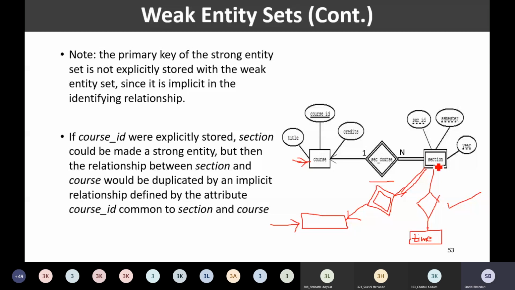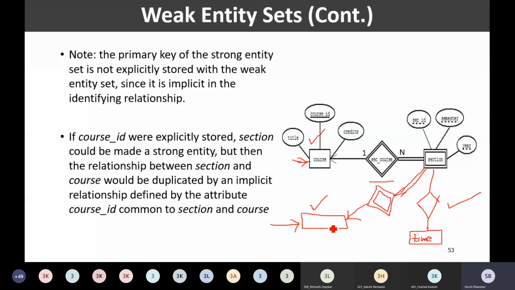I will take the combination of the partial key of the weak entity set plus the primary key of this particular associated strong entity set, and also the primary key of the other entity set that is also associated as an identifying entity set.